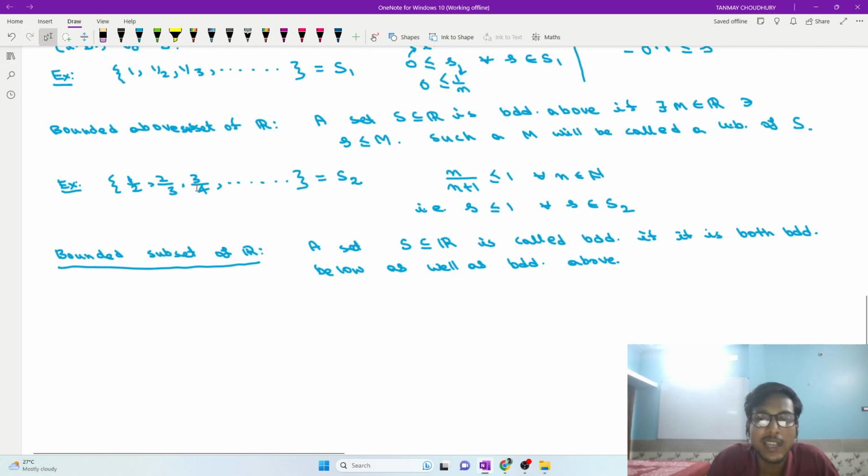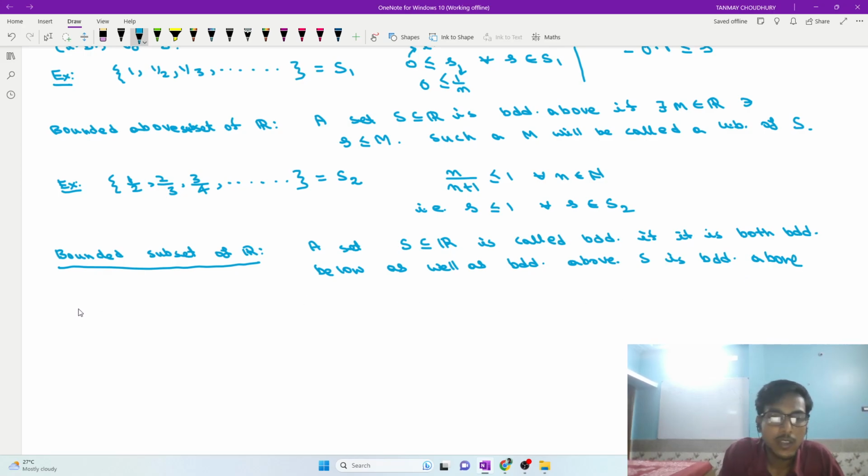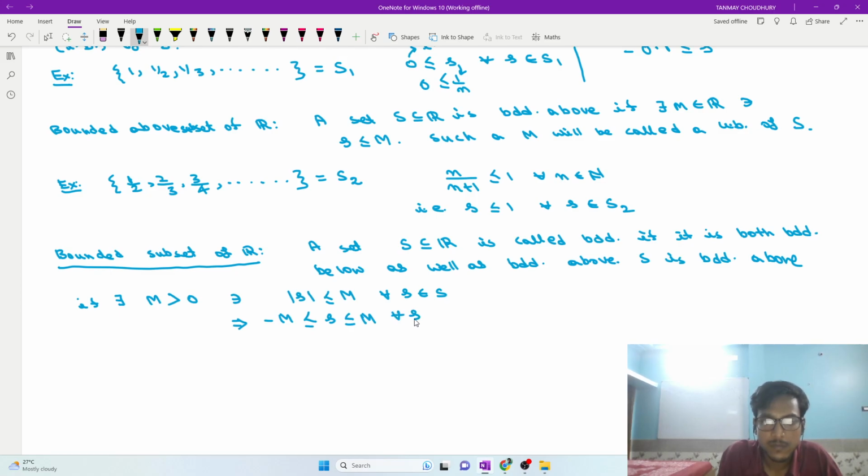Now analytically, what can we say? S is bounded if there exists capital M greater than 0 such that the modulus, or absolute value, of elements of the set S is less than or equal to M for all s belongs to S, which in other words means that elements of S are range bound in between minus M and M. Okay.